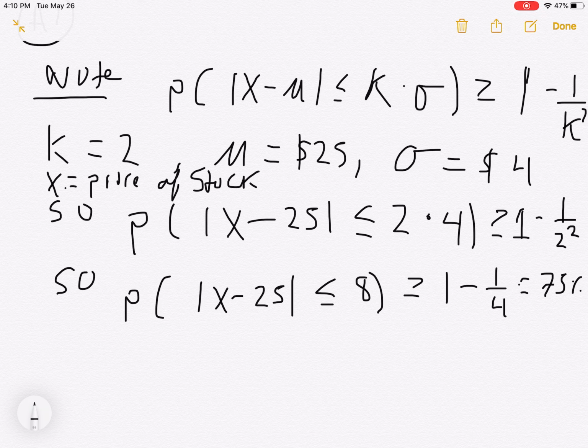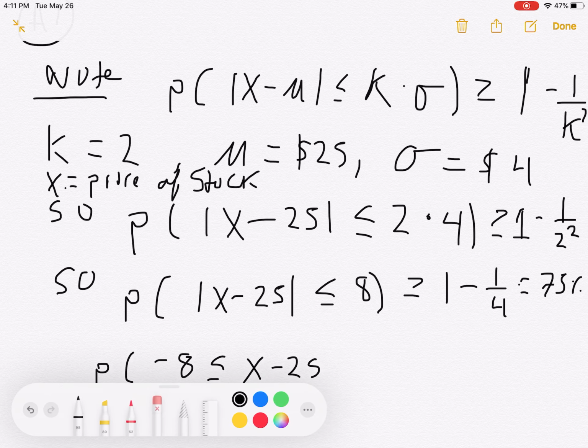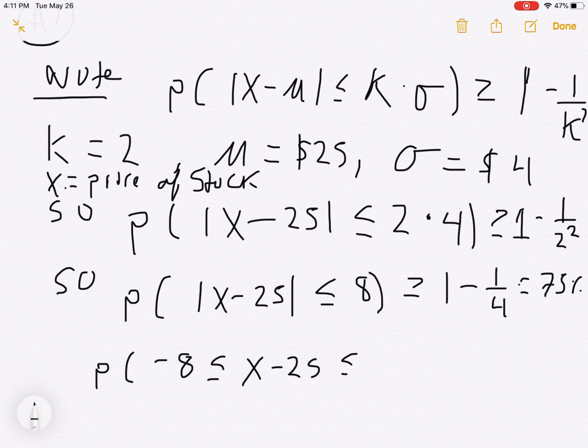Okay, and if I had to undo this inequality, this would say minus 8 is less than or equal to x minus 25, less than or equal to plus 8.